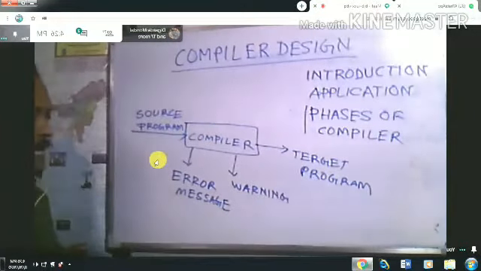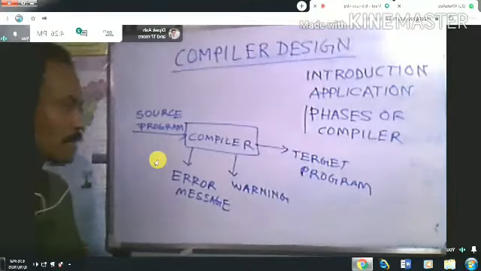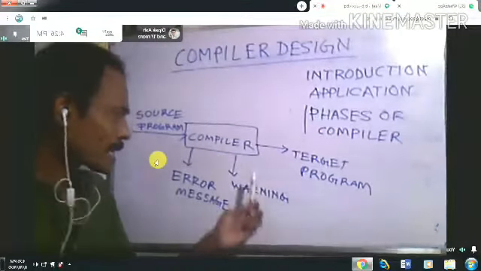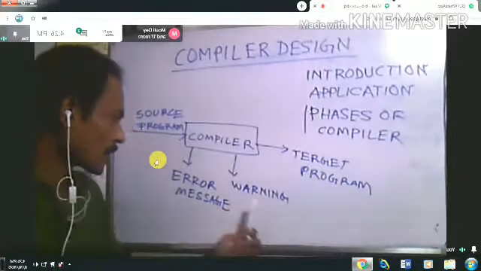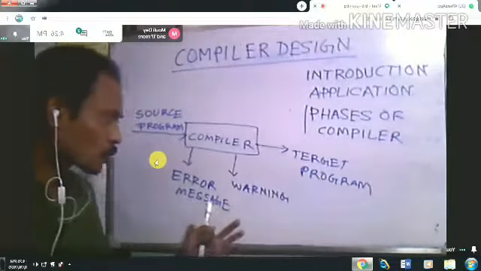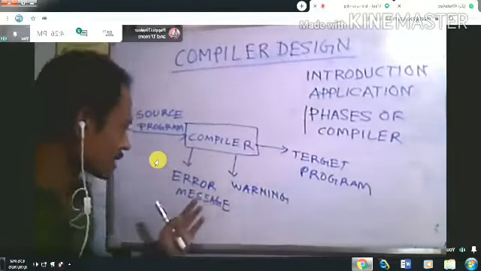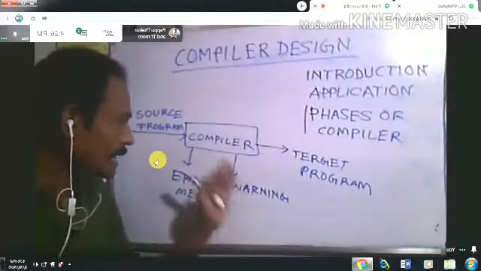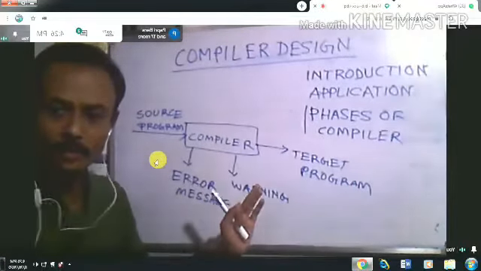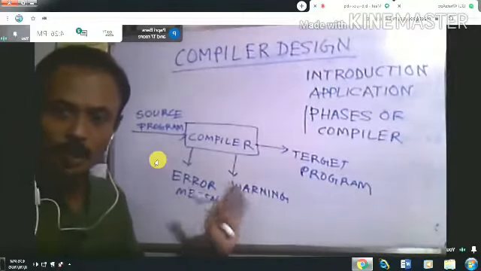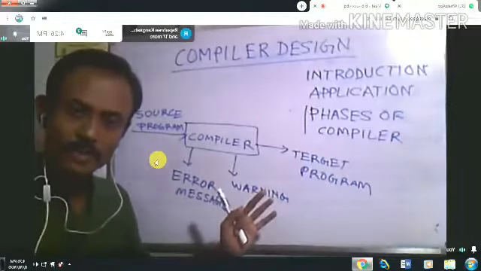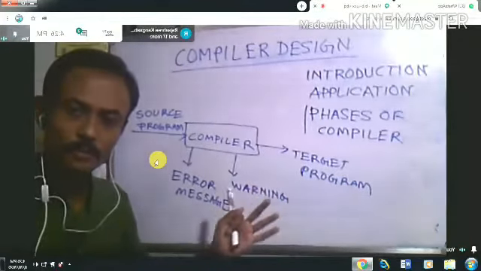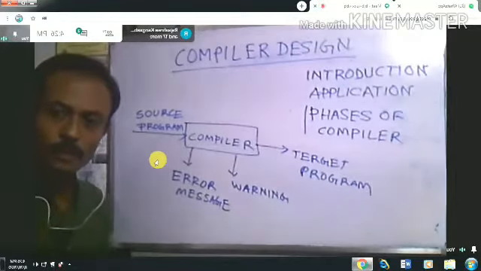When you execute a C program in the C compiler, we either get the output, or we get another two things: sometimes if there is an error we get the error message, otherwise we get some warning message. A warning is not an error. Warning means your program will be executed, but in terms of input and output there may be some problem.